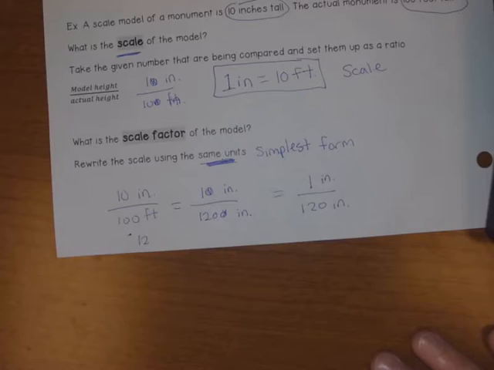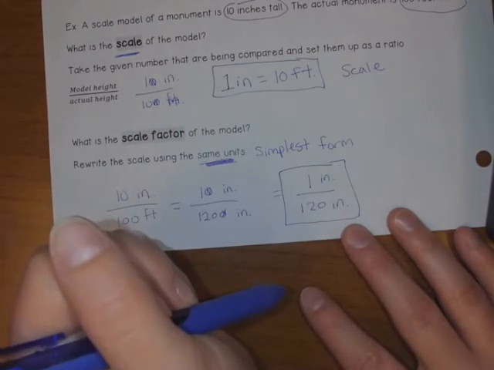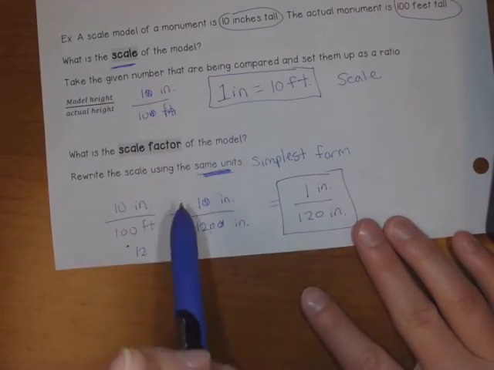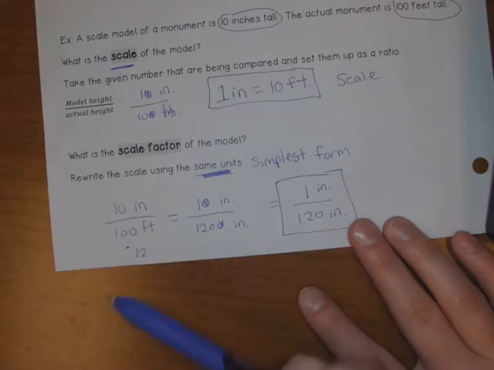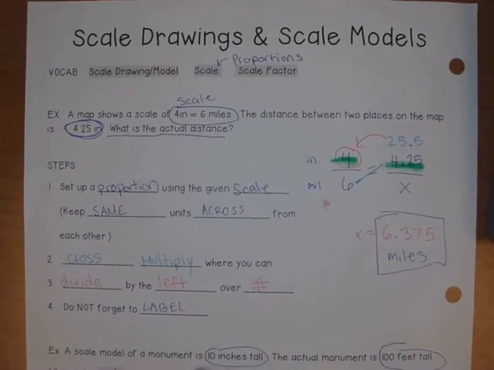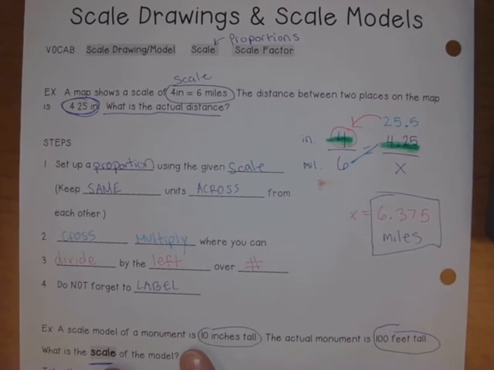That would be a scale factor, which is setting it up in the same units. Like I said, most of the time we'll be working with scales, not scale factors. But now you know how to do both. Today's notes weren't super long or super hard because really it's just solving proportions in a different way.